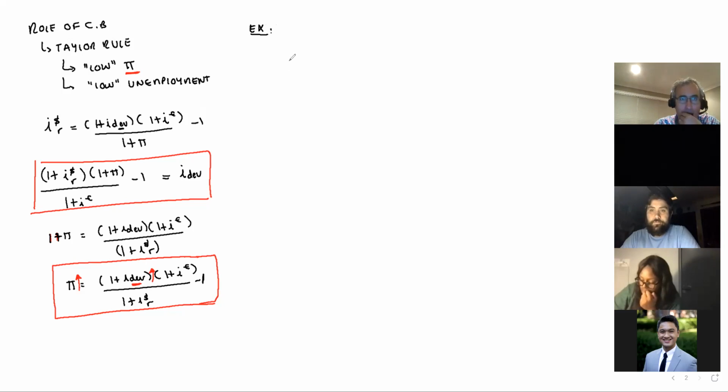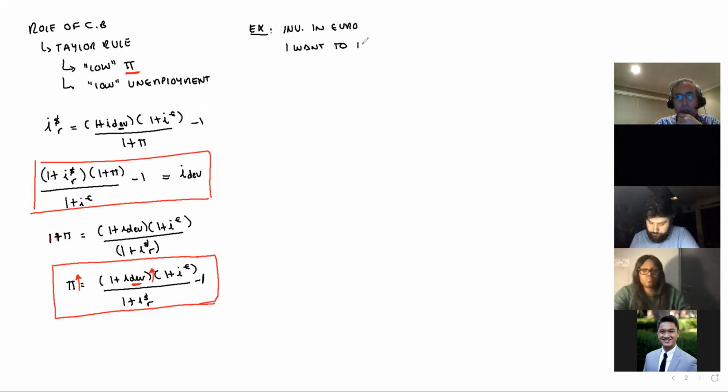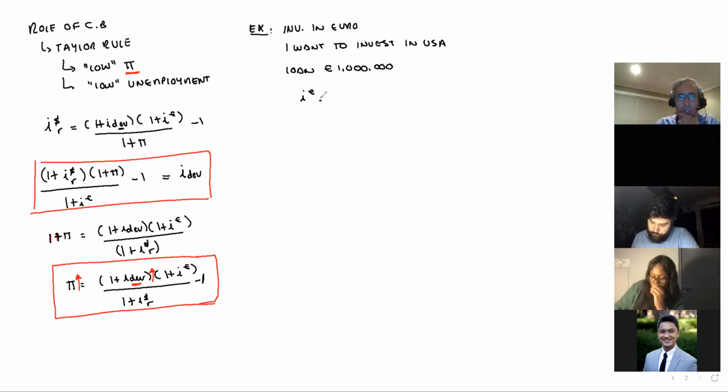So let's assume that I am an investor in Europe, as usual. I want to invest in USA. So I have a loan of 1 million euros. The interest in euros, imagine, is 5%.